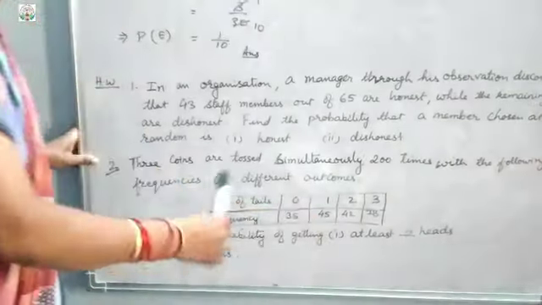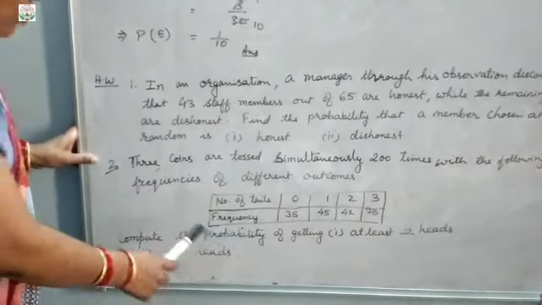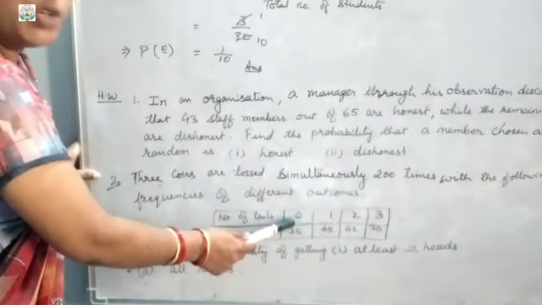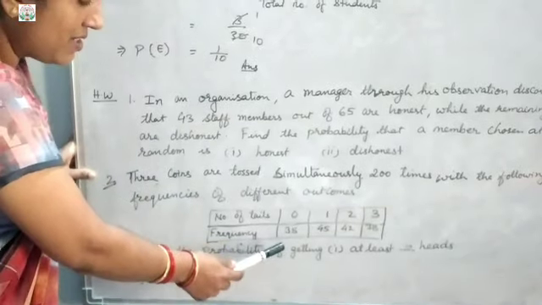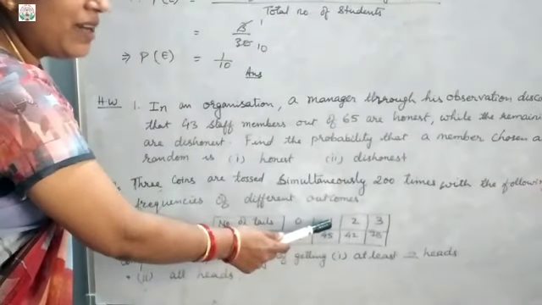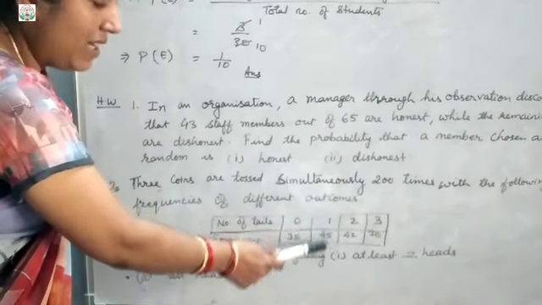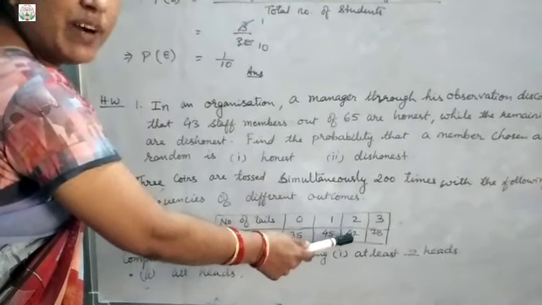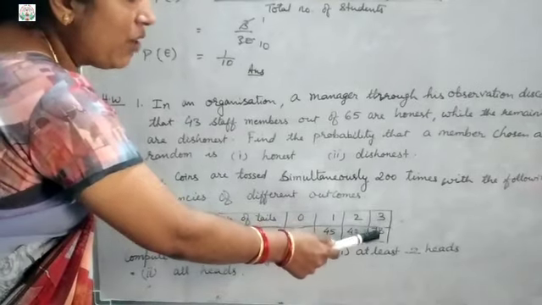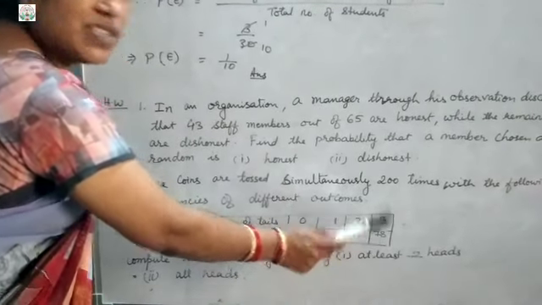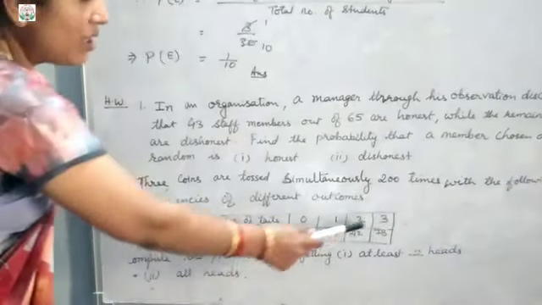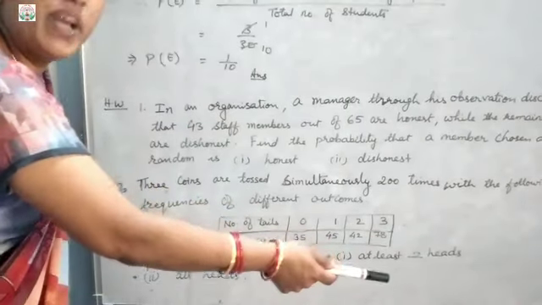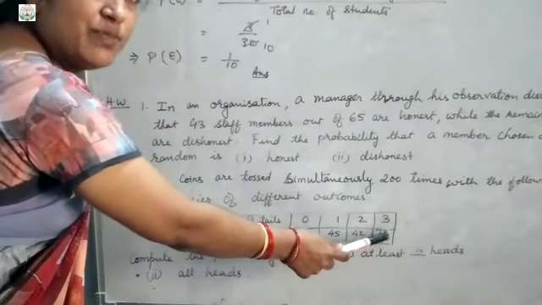And 3 tails means no heads at all. So how many times did each appear? 0 tails, all 3 heads, 35 times. 1 tail and 2 heads, 45 times. 2 tails and 1 head, 42. And 3 tails, which means no heads, 78 times.